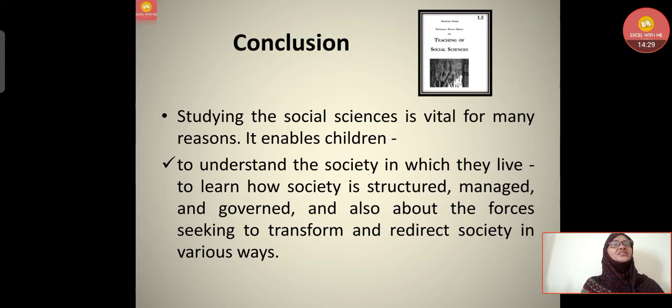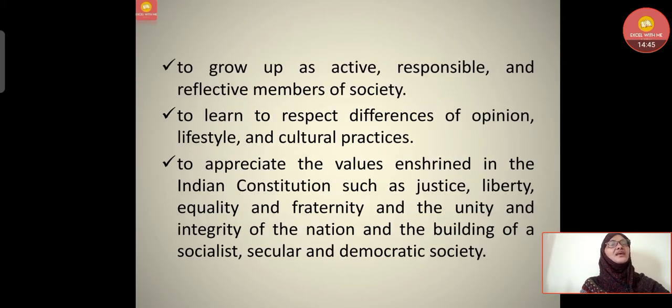Studying the social sciences is vital for many reasons. It enables children to understand the society in which they live, to learn how society is structured, managed and governed, and also about the forces seeking to transform and redirect society in various ways.